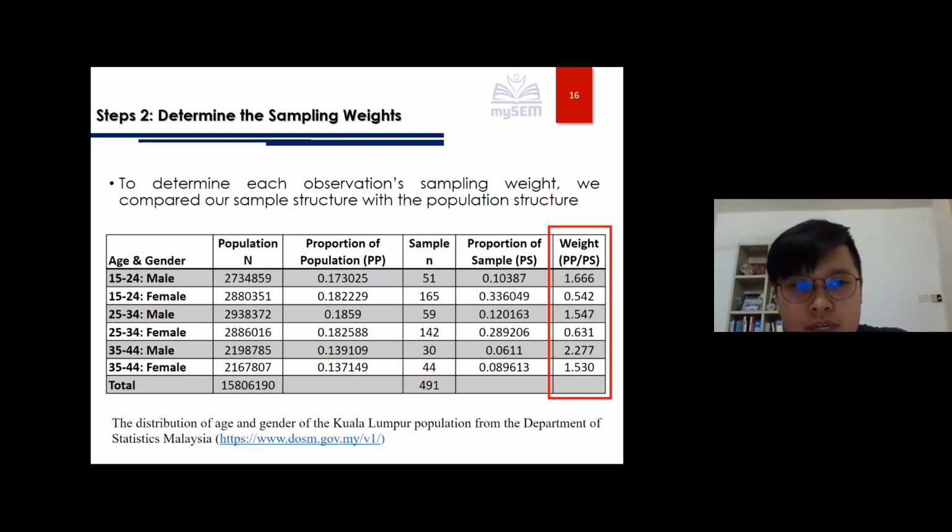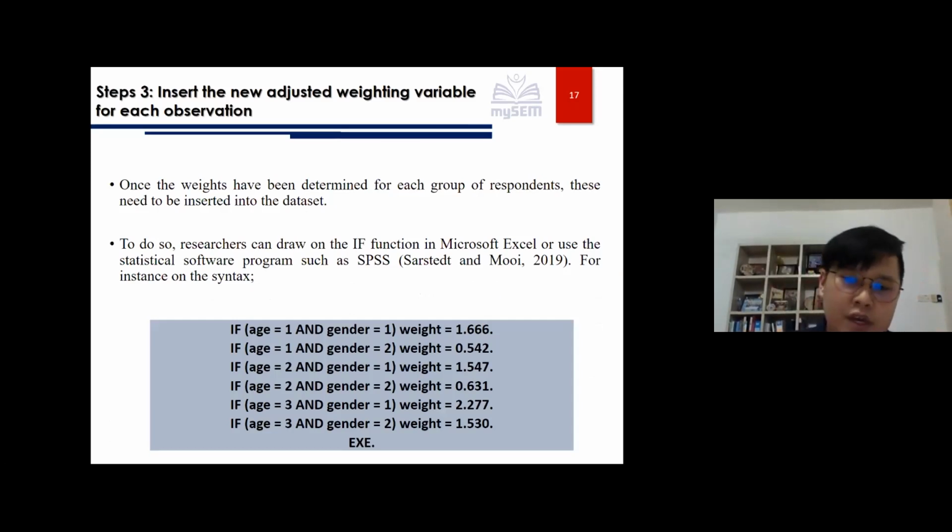So from here, let us move on. We will move into the third step. In the third step, once we have calculated each cluster's weight value, for example, 1.666, 0.542, 1.547, 0.631, 2.277, and 1.530, we're going to use this adjusted weighted value or weighting variable and insert it in each observation of the data that you collected.